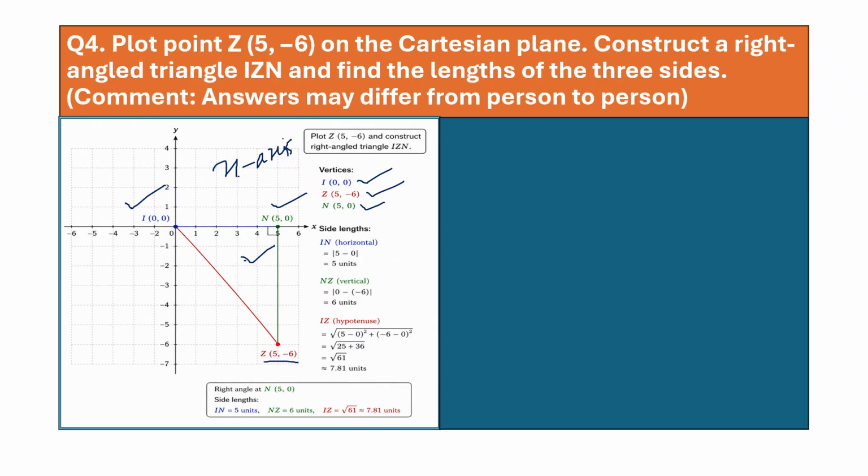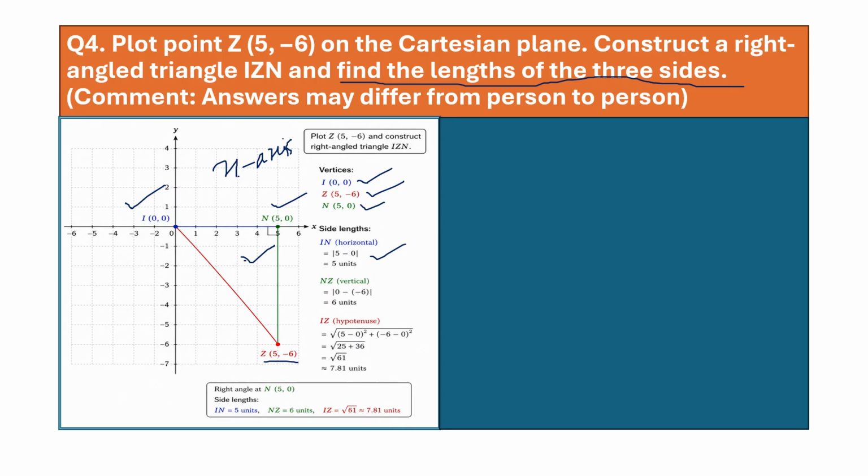Now what is the question? Let's read it again. You need to find the lengths of the three sides. So after constructing the right angle triangle, let's take IN. Now it is horizontal, so you can even calculate like 5 minus 0, that is 5 units. So that is horizontal, along the x-axis.